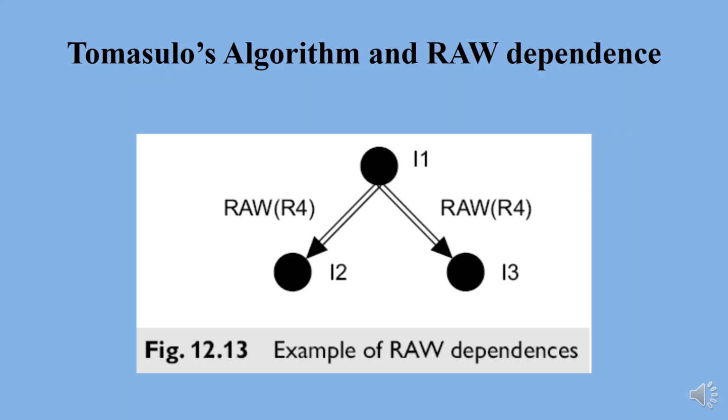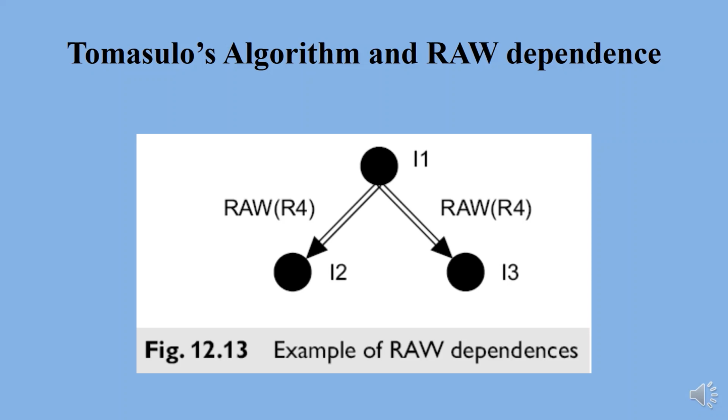When the tag sent over the common data bus matches the tag in any destination, the data value on the bus is copied from the bus into the destination. The copy occurs at the same time into all the destinations which require that data value. Thus, R4 as well as the two reservation stations holding I2 and I3 receive the required data value, which has been computed by I1, at the same time over the common data bus.